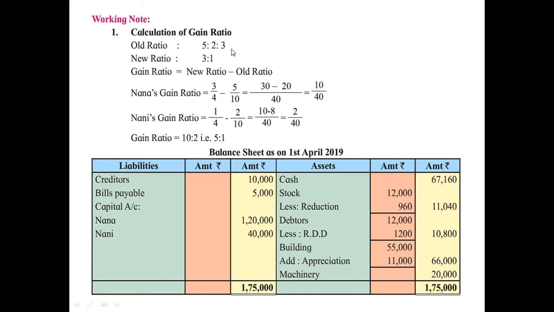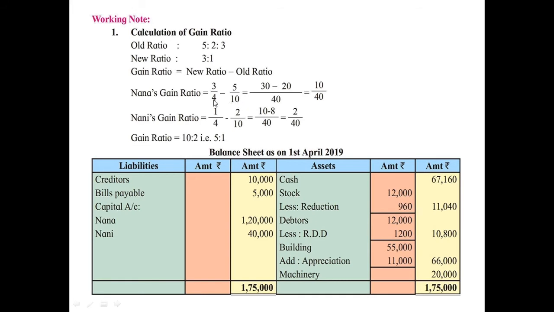So first we will calculate Nana's gain ratio. New ratio for Nana is 3/4, addition of 3 plus 1, that is 4, minus old ratio for Nana is 5/10, total of this 3.